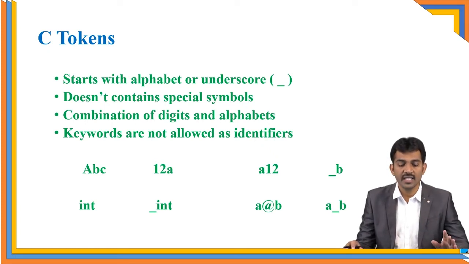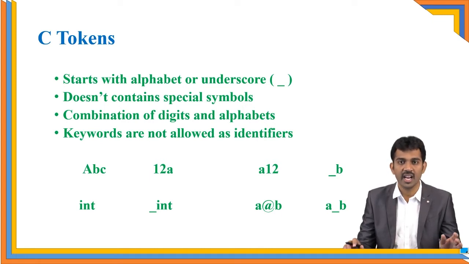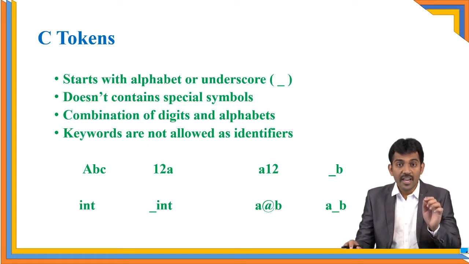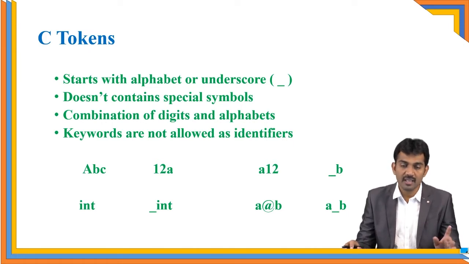It doesn't contain any special symbols like the @ symbol or hash symbol. An identifier can be a combination of digits as well as alphabets, but it does not start with a digit. It starts with either an alphabet or an underscore. That is very, very important.